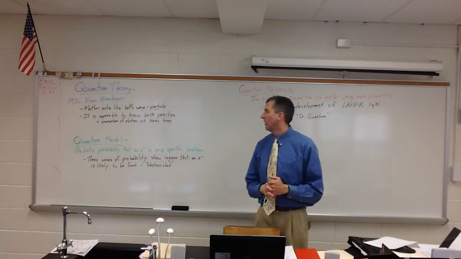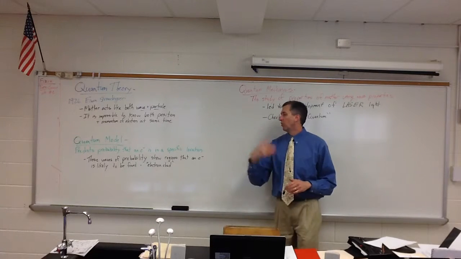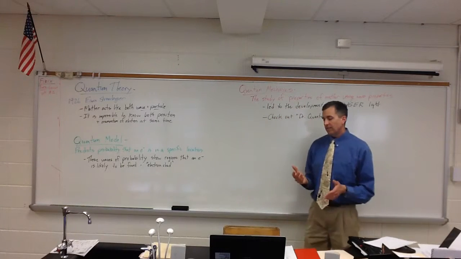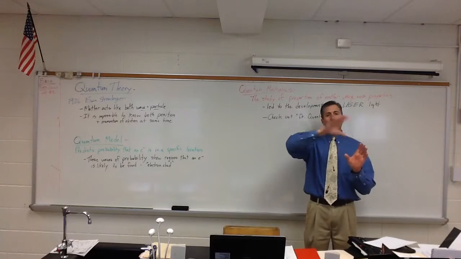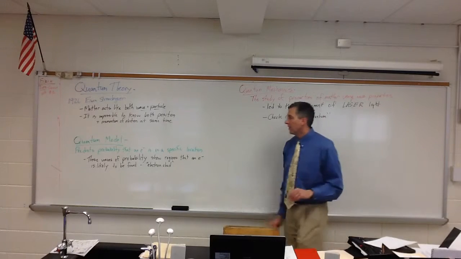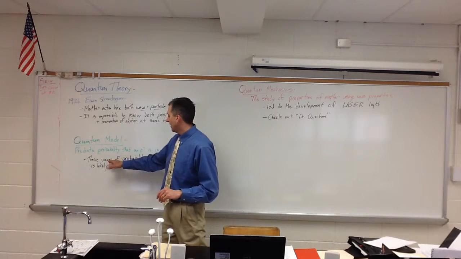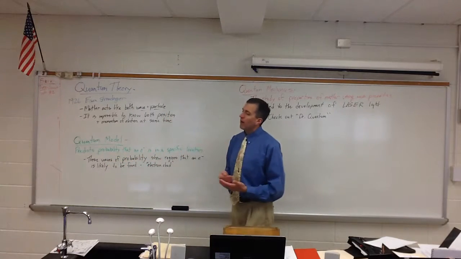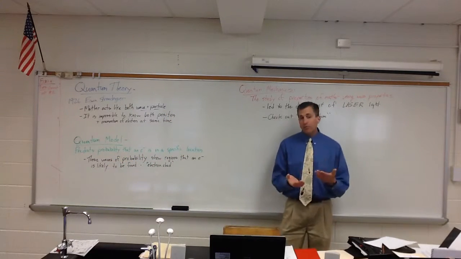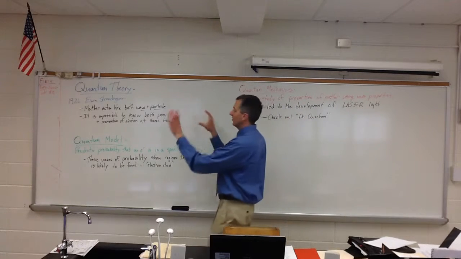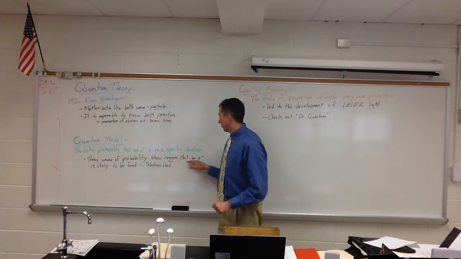Okay, that's one word for it. They're located in shells, orbitals. You said, "I know that the electron's kind of in this shell or this orbital." And what the quantum model says is these are waves of probability. It's probable that the electron is in this shell right now, in those regions.